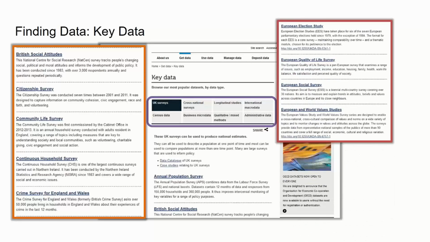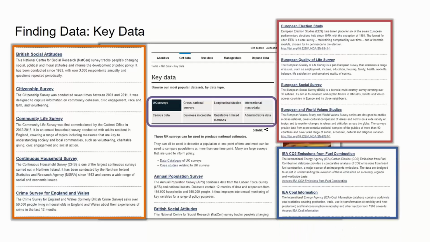In red here, if I was to select the cross-national surveys, you would see things such as the European Quality of Life Survey. And finally, for an example, in blue, we have the International Macrodata tab. And that's things such as the IEA coal information surveys.